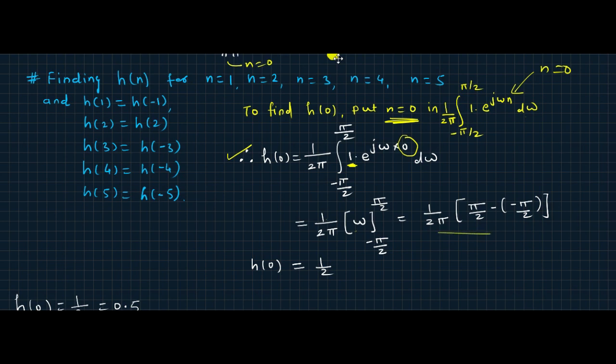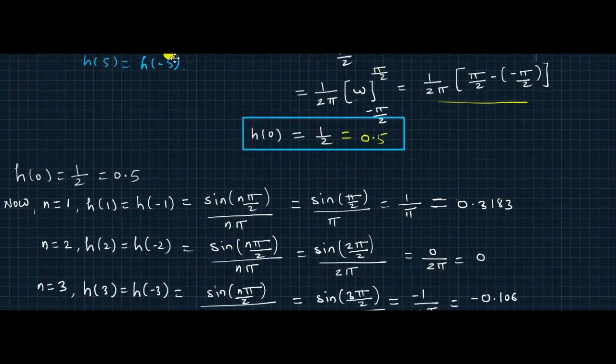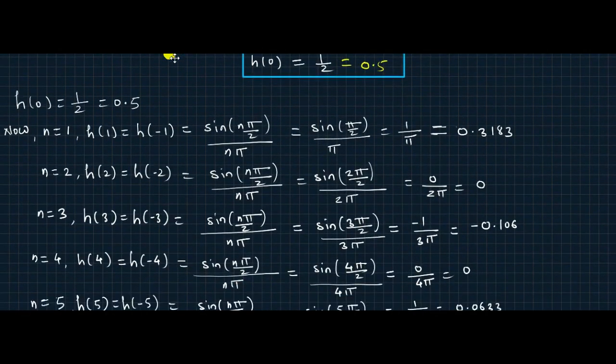When we substitute these values, we'll get h of 0 equal to half, which is 0.5. So we have obtained the value of h of 0 as 0.5.